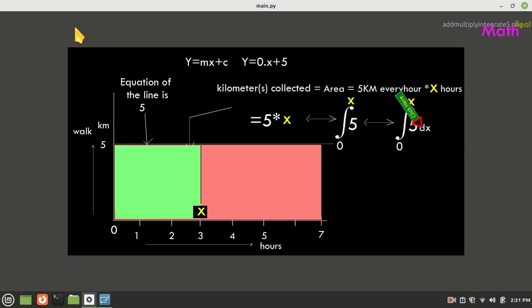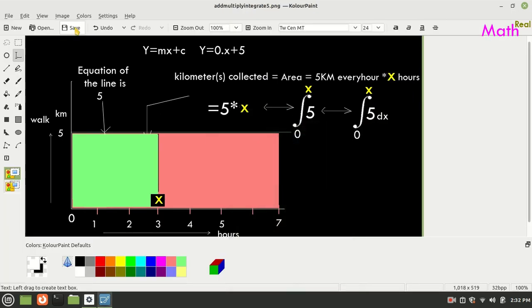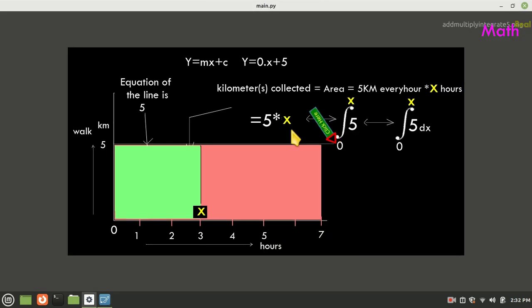dx doesn't make any sense, but it should look nice. So we write like this. This is the actual expression. We can omit 0 also, which means the default is 0. It is considered to be from 0.